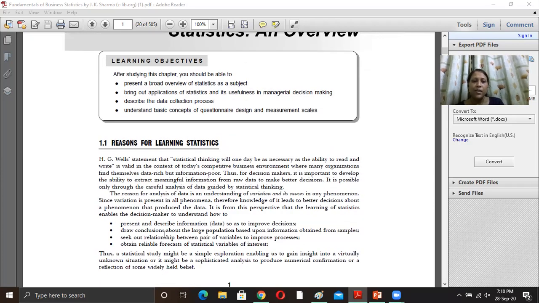Thus, we can say a statistical study is nothing but a simple exploration enabling us to gain insight into a virtually unknown situation, or it might be a sophisticated analysis to produce a numerical confirmation.